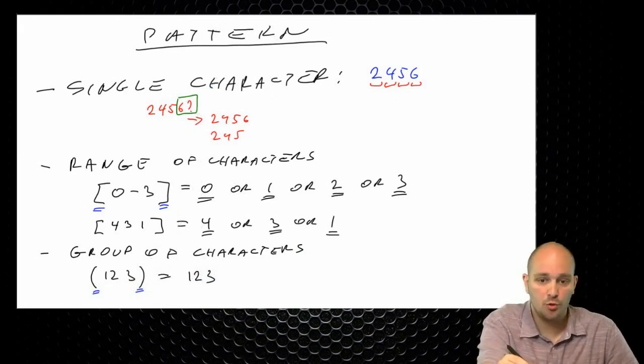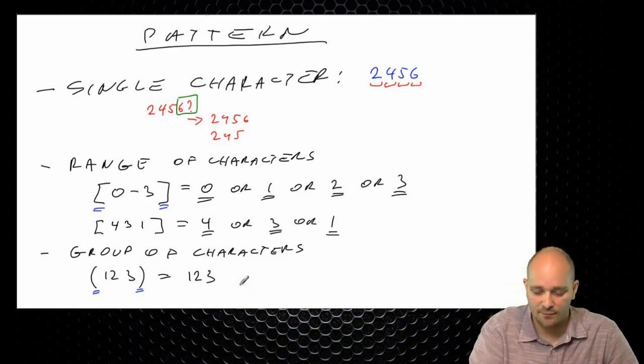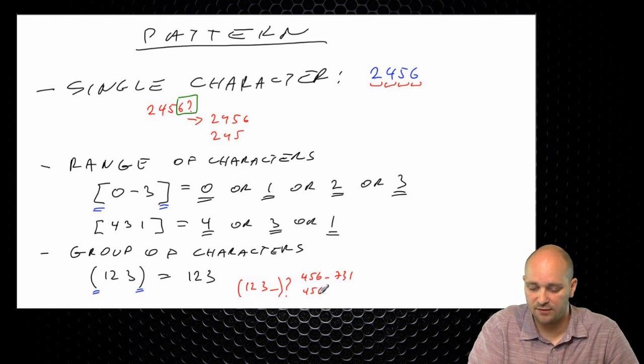So for example, when you use parentheses, you can say something like 1, 2, 3 space may or may not appear. So now this would match, for example, 4, 5, 6 followed by 7, 3, 1, or it would match 4, 5, 6 followed by 7, 3, 1 followed by 2, 3.